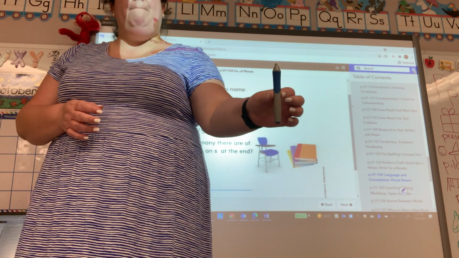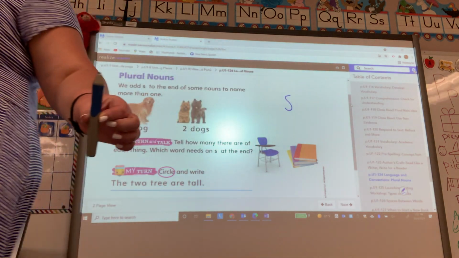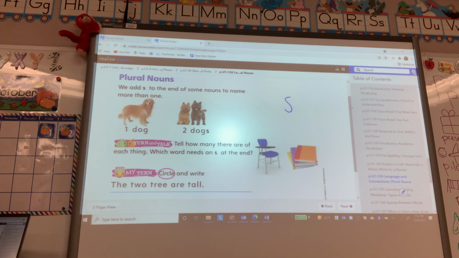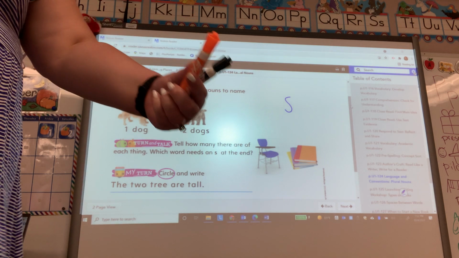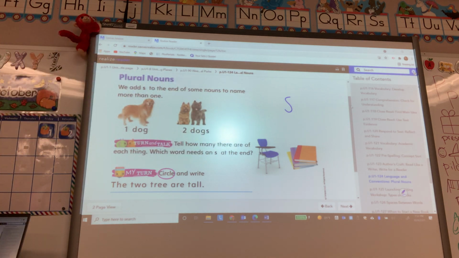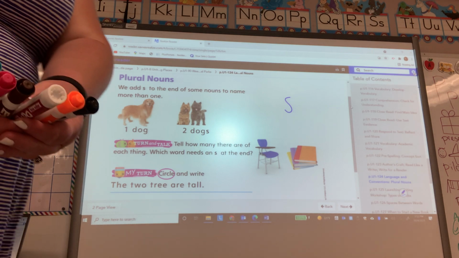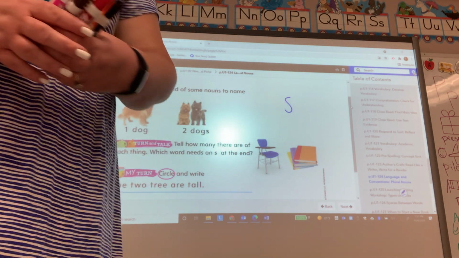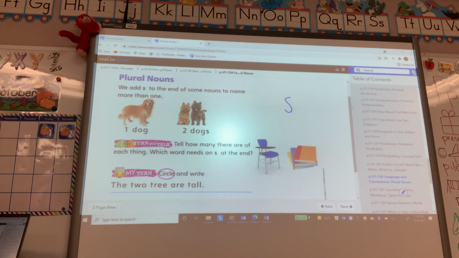So this is one marker that is singular. This is 2 markers that is plural. I have more than one. This is 6 markers. Same thing, plural, because it is more than one.